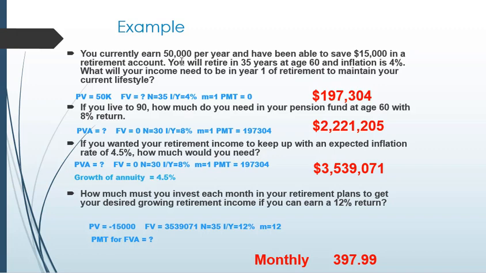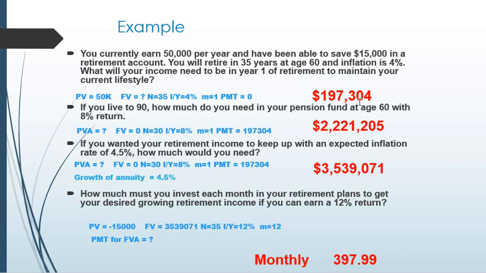If you currently earn $50,000, you've already saved $15,000, you want to retire in 35 years at age 60, so obviously we're saying you're 25 years old, and inflation's 4%. What will your income need to be in year one of retirement to live exactly the way you are right now? We need to find the future value of $50,000.